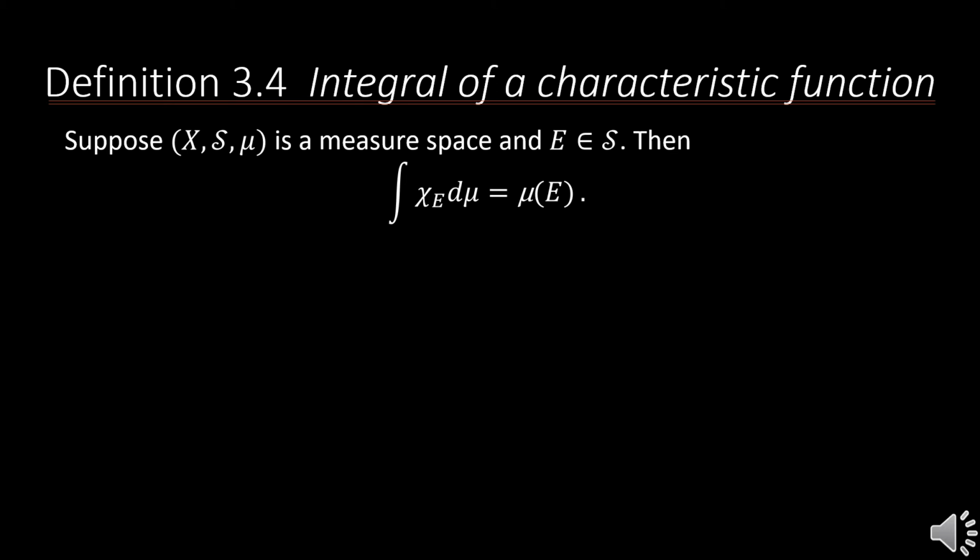We first move to definition 3.4, the integral of a characteristic function, as the first step in building intuition for what the Lebesgue integral looks like geometrically. We first suppose that (X, S, mu) is a measure space, and that E is an element of the sigma algebra S. We then claim that the integral of the characteristic function on E d mu is the measure of E itself.